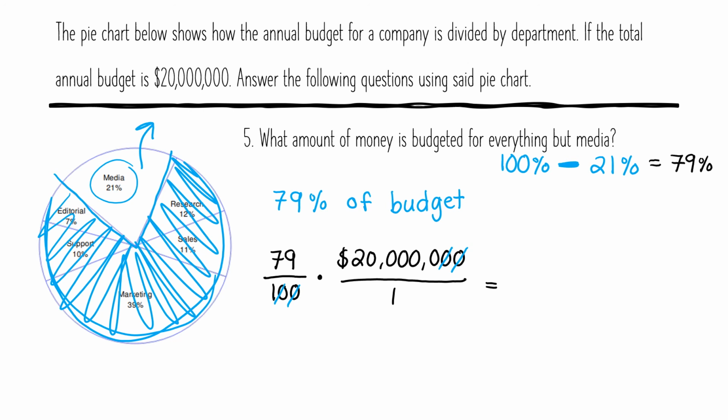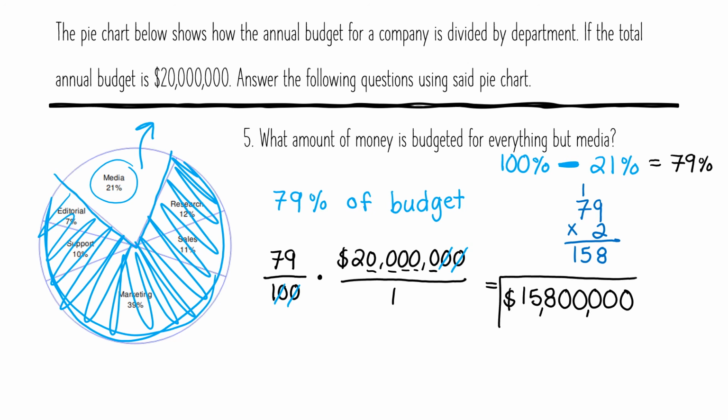Let's start by worrying about that 79 times 2. 2 times 9 is 18. 2 times 7 is 14, plus 1 is 15. So we have 158, and then 1, 2, 3, 4, 5 zeros. So that is $15,800,000 for everything but the media.